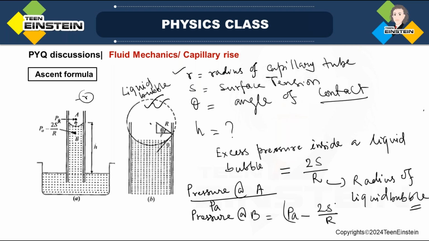Okay, if the total pressure here is PA, then there will be excess pressure. Oh, sorry, this is the pressure at B. So this is very nice. Now what will this excess pressure do?